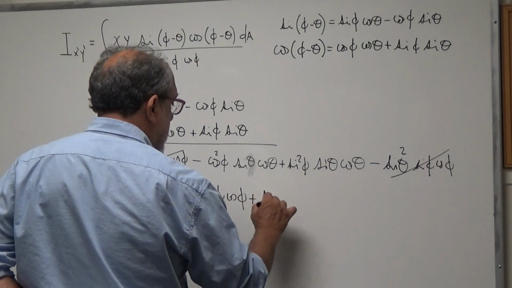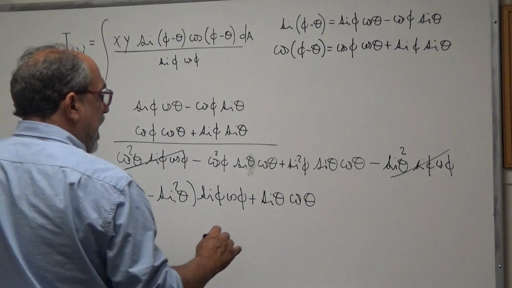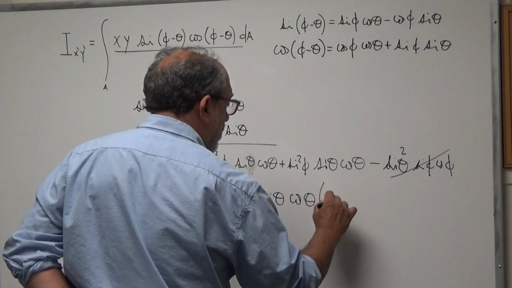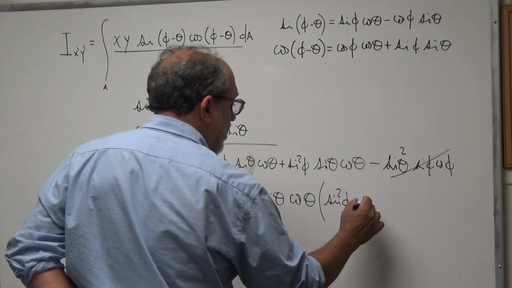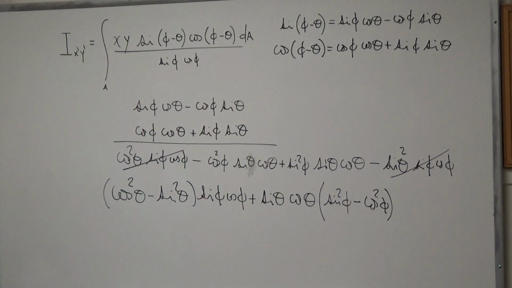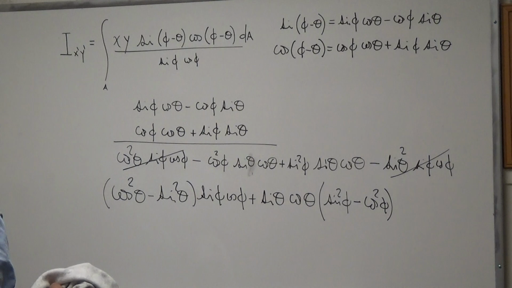So that's plus sine of theta cosine of theta, common factor of sine squared of phi minus cosine squared of phi, right? Okay, so that's that. Then you saw the multiplication, right?